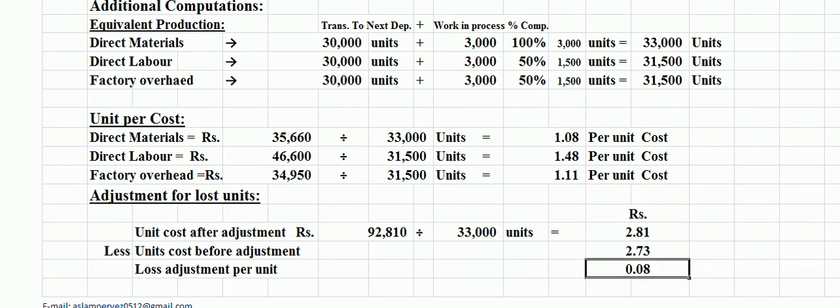We now move to the second section to put the per unit cost in, as well as the loss adjustment per unit.